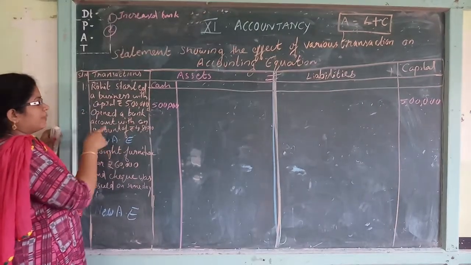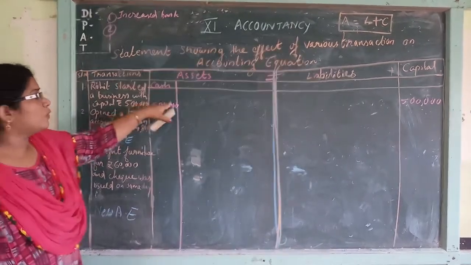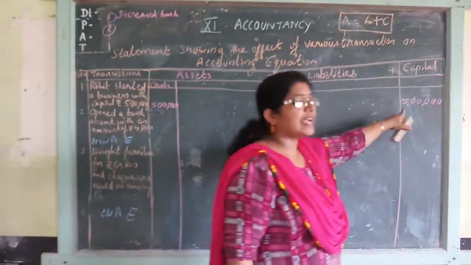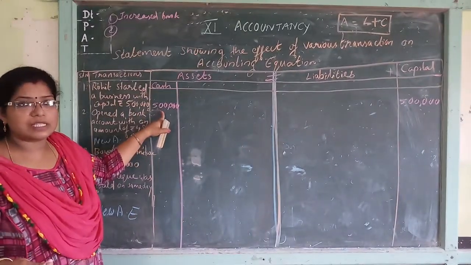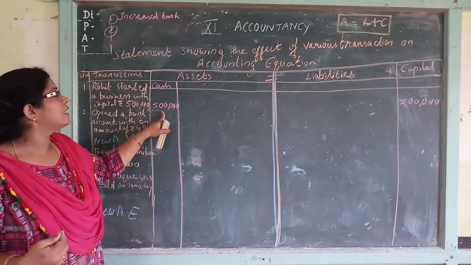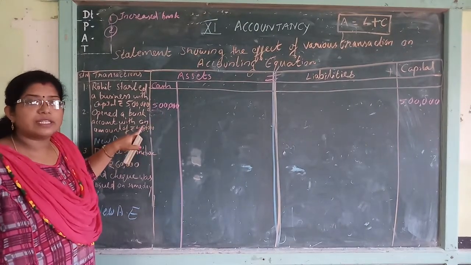At the same time, you open a bank account with an amount of rupees 4,80,000. Out of the 5 lakh rupees deposit, you took 4,80,000 for deposit in the bank. So on one side, what is reduced? Your cash balance, cash in hand, is reduced. Rohit deposited 5 lakh rupees, so you have 5 lakh rupees in hand, but from the business point of view, out of the 5 lakh rupees, you took 4,80,000 for deposit in the bank.